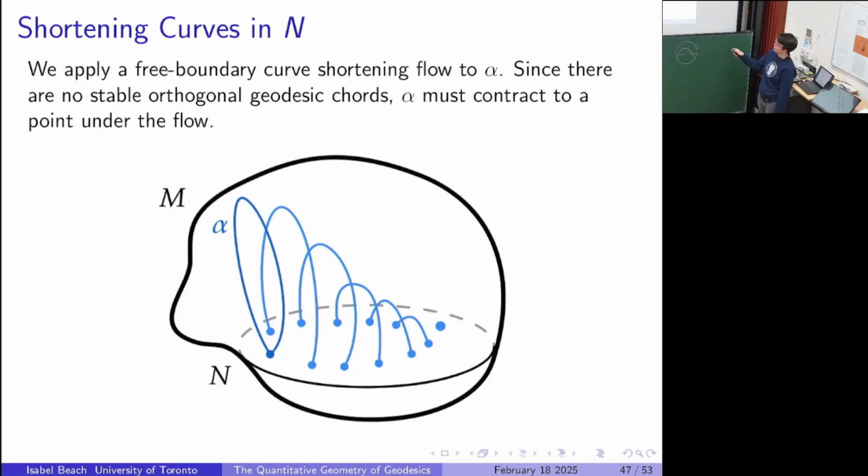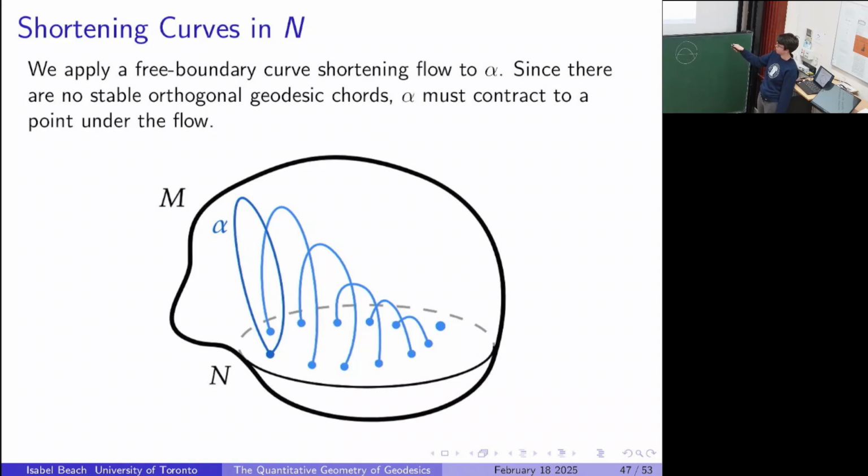And what I can do is apply the free boundary curve shortening flow to alpha in M. So I just think of it as a segment with endpoints on my submanifold, and I do the length shortening flow while fixing that the endpoints have to remain on that submanifold. So the critical points here are going to be orthogonal geodesic chords, orthogonal to n. So if I assume that there are none that are shorter than alpha, I'm going to be able to contract alpha to a point using this method.